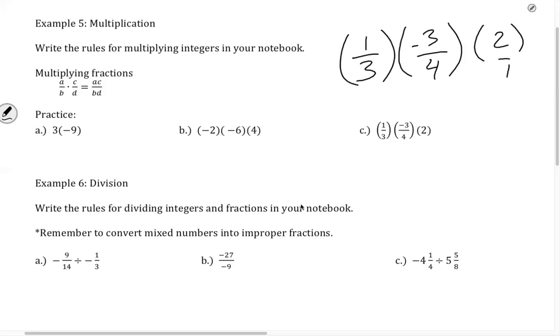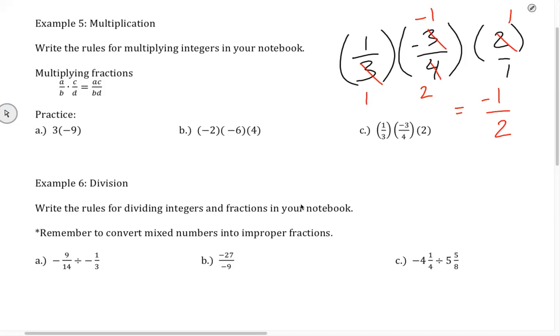Okay, again, I make that a fraction, but now I cross cancel. That 3 and that 3 cancel. That 2 and that 4 cancel. So now I have 1 times negative 1 times 1, negative 1. This was a 1, so 1 times 2 times 1, 2.